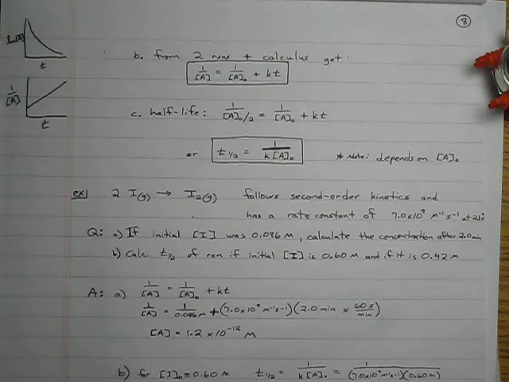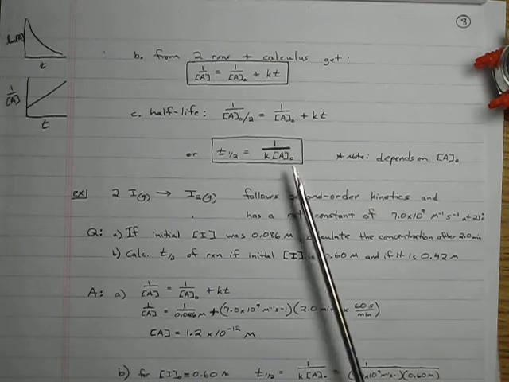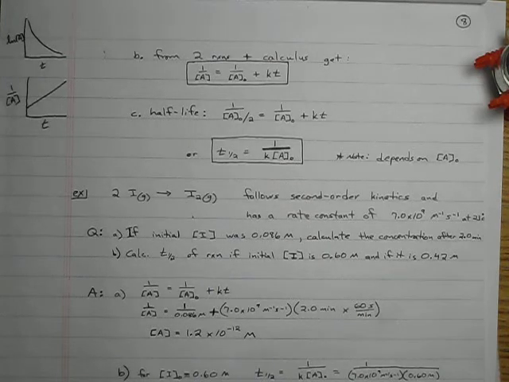Here we have a very important point in the difference between first order and second order half-lives. Second order half-life does depend on our initial concentration. The more concentrated your solution is, the faster it's going to get to the first half-life. The second half-life is actually going to be longer than the first half-life because the concentrations are different.